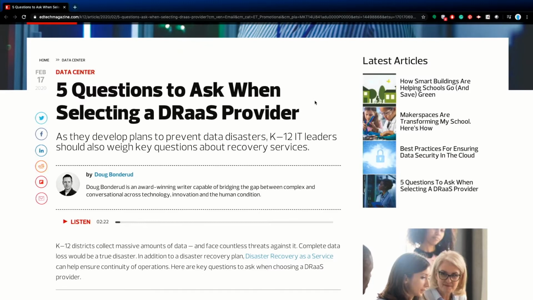I would also consider how much it's going to cost, how difficult it is, and if there are any egress fees. Very good questions to ask, but not the only questions. This is a great place to start if you don't have backup or disaster recovery, regardless of whether you're going with disaster recovery as a service. Still good questions to consider.